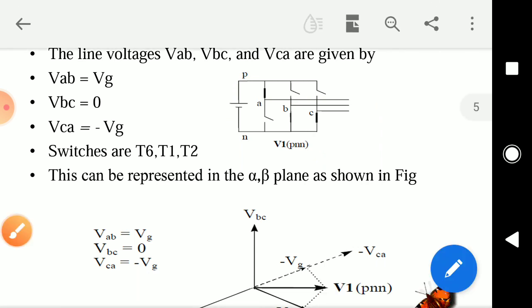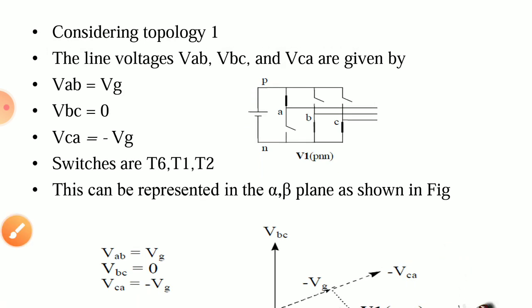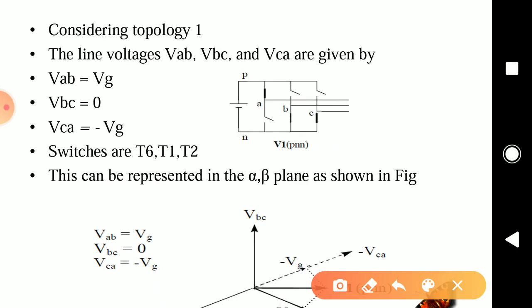Just for your simplicity, you can take a generalization. You look at voltage VAB, A and then B. For A, P is turned on and for B, N is on. So positive is on in A. That is why the output will be positive itself. If you are looking at VBC, I already mentioned in VBC both of the negatives are on. There is no positive.